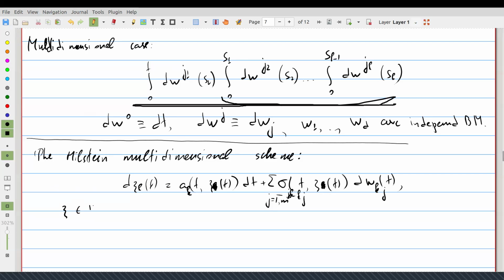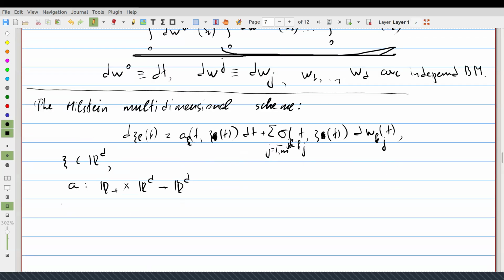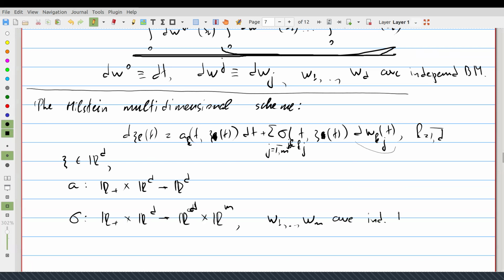Now Xi lives in R^d. a is a function from R plus times R^d to R^d. It acts on this pair and gives us a value in this space. Sigma is a function again of exactly this form, but it must now also act on R^m, where W1, ..., Wm are independent Brownian motions.